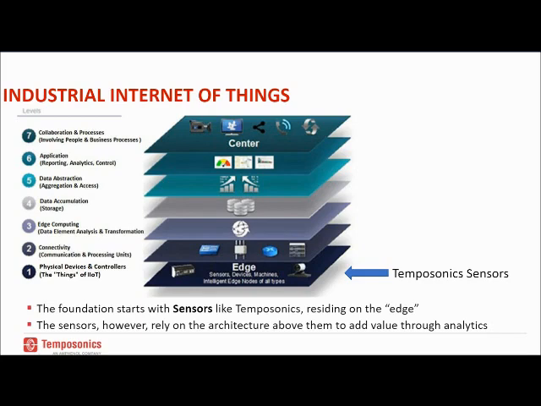And obviously the highest level here is when you have people that are looking at that analytic data and making decisions about what to do with this information. So, as I said, the foundation obviously is the edge layer, which is where we lie as manufacturers of sensors.